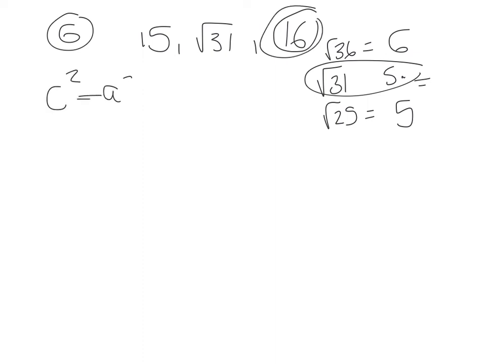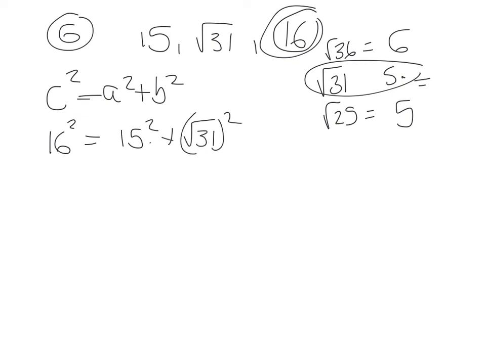C squared equals A squared plus B squared. 16 squared equals A squared plus, oh, I'm sorry, do that right. We know all the sides and we're trying to determine if it's right. So 16 squared, does that equal 15 squared plus 31 squared? 16 squared is 256. 15 squared is 225.